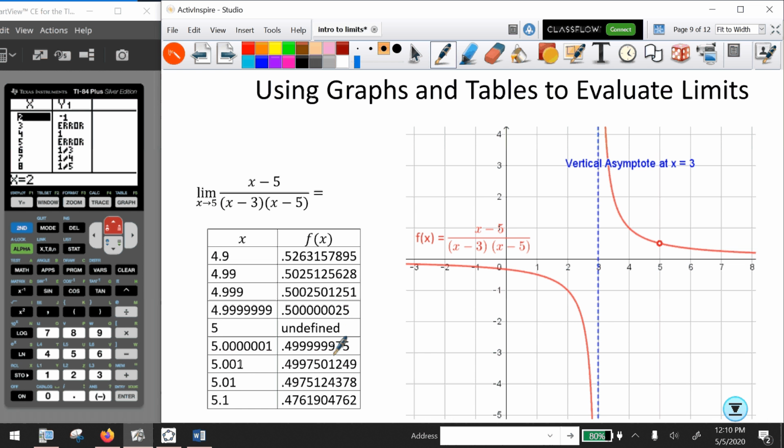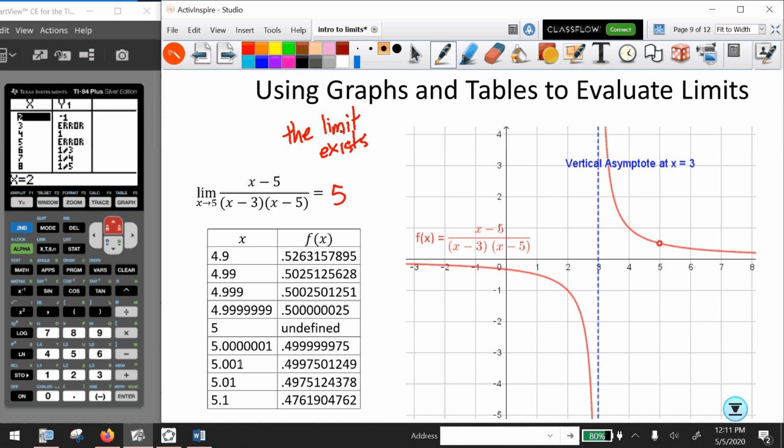So because it approaches 0.5 on both sides of 5, we can say that this limit exists. This limit exists because it approached the same number on both sides of that number. The limit exists and it is equal to 0.5.